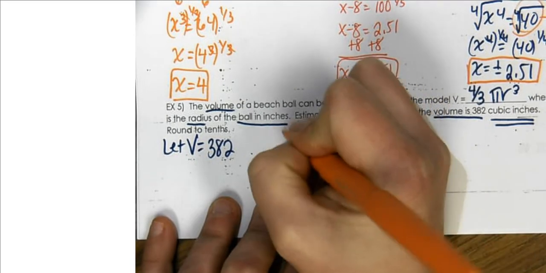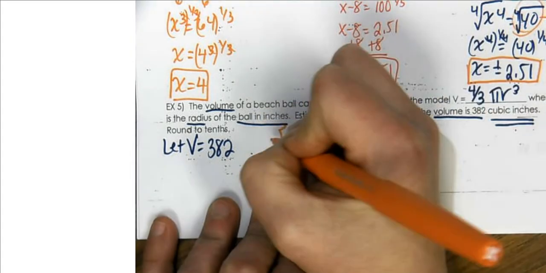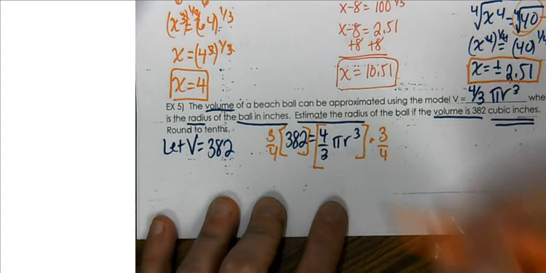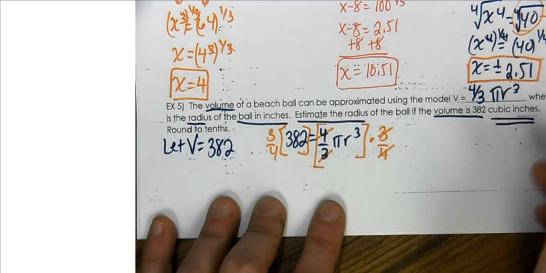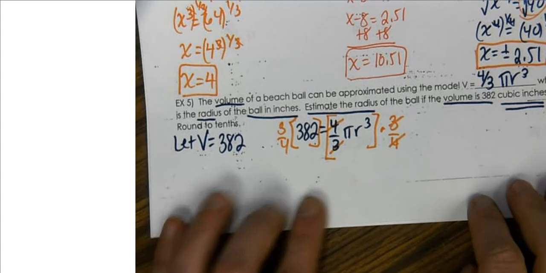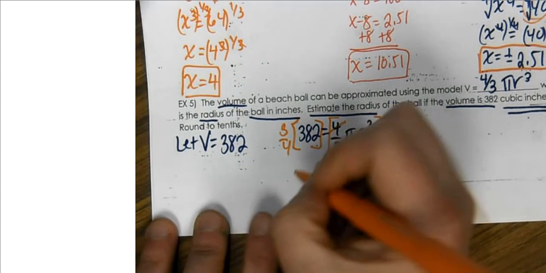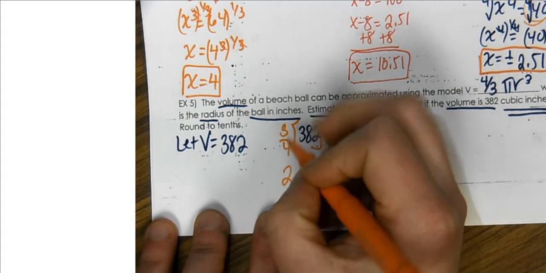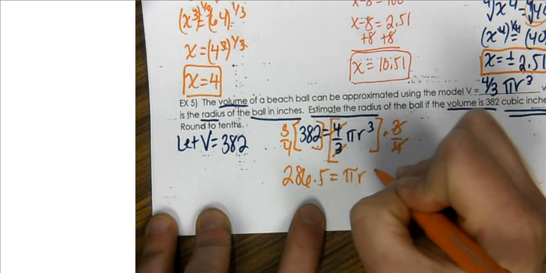The first thing I'm going to do is I'm going to multiply both sides by the reciprocal of 4/3, which is 3/4. The multiplication of 3 will eliminate the division of 3, and the multiplication of 4 will eliminate the division of 4. And 382 times 3/4 is equal to 286.5. And this is equal to pi r cubed.